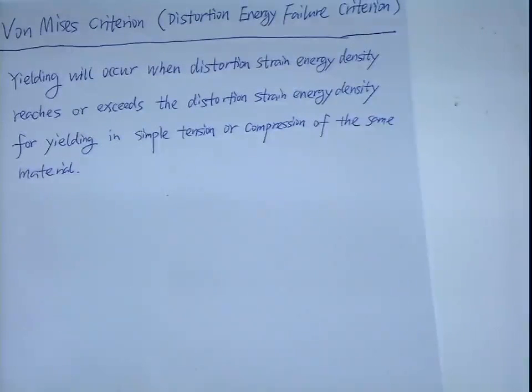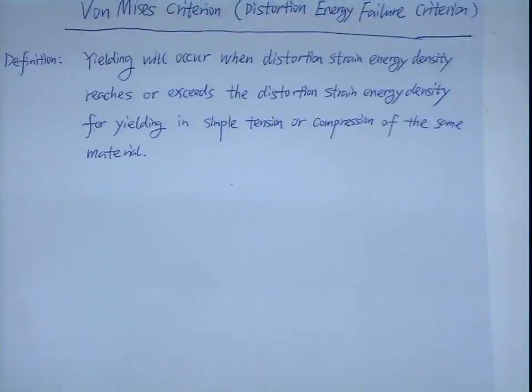Once it reaches a critical value, for when you're doing a uniaxial test, that will also give you a strain energy density. So when these two are equal, then you have a value which means yield. So again, we are trying to relate this to the measured yield strengths, which we know. Okay.